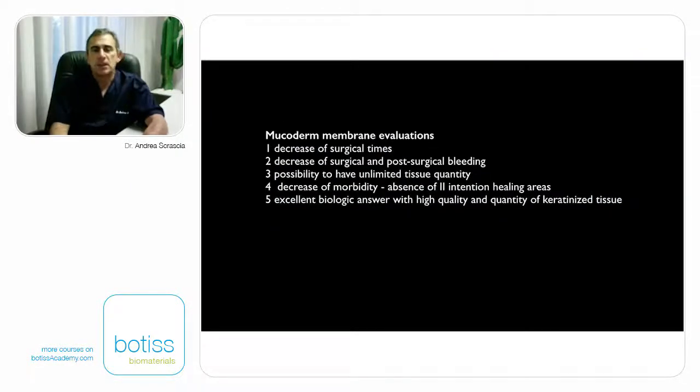And at the end, my experience with mucoderm membrane evaluation is that decrease the surgical times, decrease of surgical and post-surgical bleeding, the possibility to have unlimited tissue quantity, decrease of morbidity, absence of second intention healing areas, and excellent biological answer with high quality and quantity of keratinized tissue. And thank you so much.